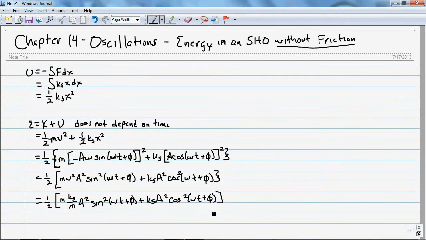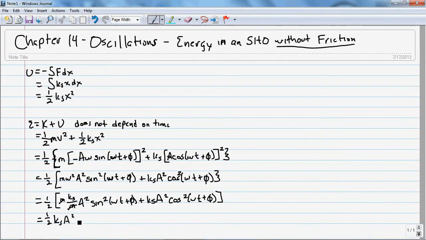And I'm almost there. The m's are going to cancel out. I'm going to have a k of the spring times a squared in the first term and a k of the spring times a squared in the second term, so I can pull that out. And I'm going to have sine squared plus cosine squared left, and that's just going to be equal to 1.